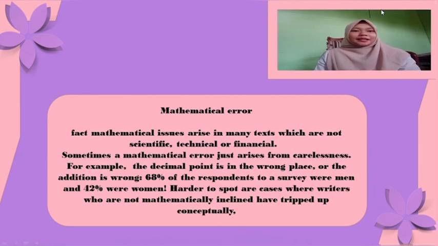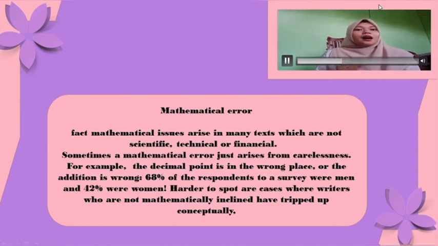Mathematical issues arise in many things which are not scientific, technical, or financial. Sometimes a mathematical error just arises from carelessness. For example, the decimal point is in the wrong place, or the addition is wrong. 68% of the respondents to the survey were men and 42% were women. Harder to spot are cases where percentages are incorrectly treated conceptually.